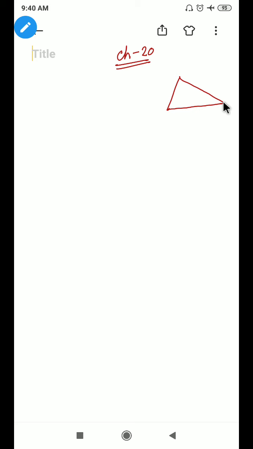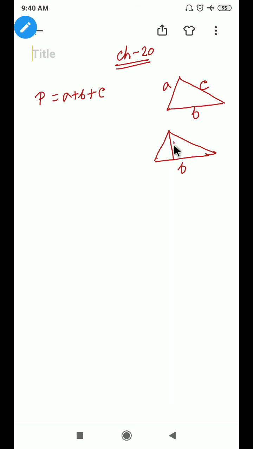So how to find out the perimeter of the triangle? Suppose the lengths of the sides of the triangle are a, b, c. Then the perimeter of the triangle will be a plus b plus c, the sum of the sides. Now how to find out the area of the triangle? For finding the area, you have to know the base and the height of the triangle.